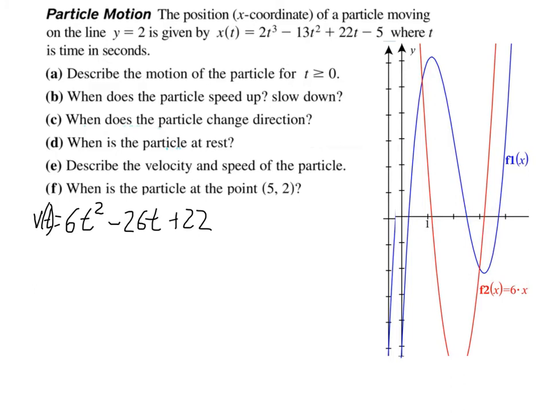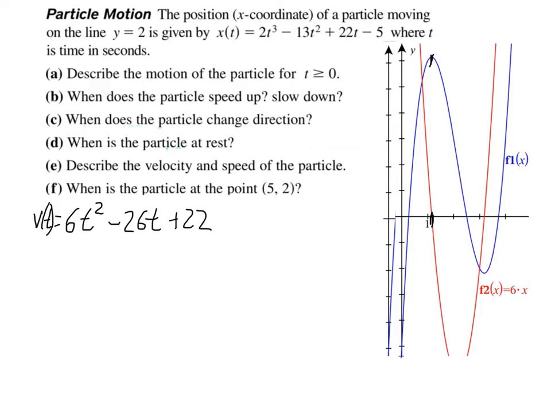So when does the particle speed up? Well, if I was just going to estimate these points, I would say that point there is that point. So I would say it's slowing down, I guess, during that part.